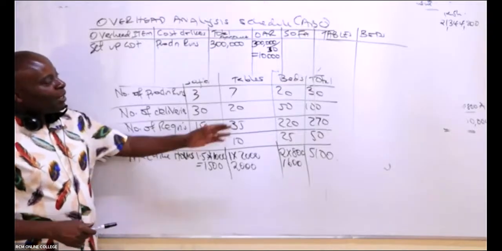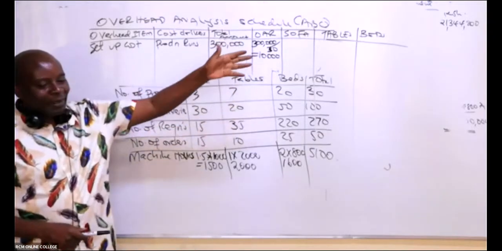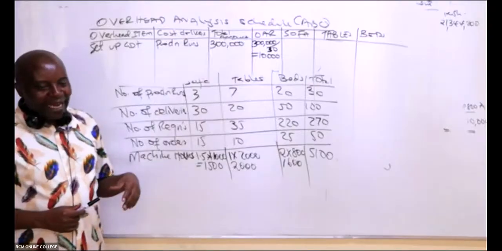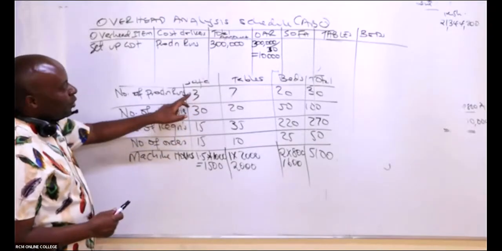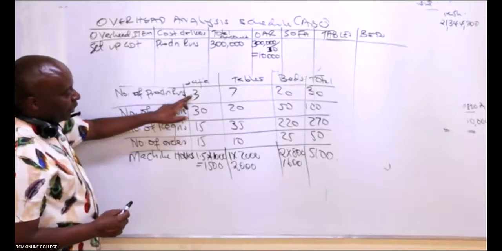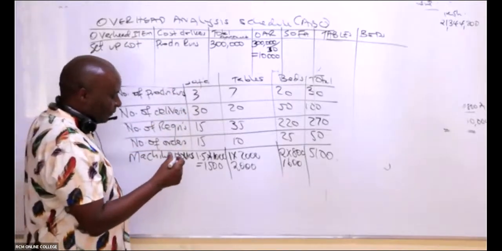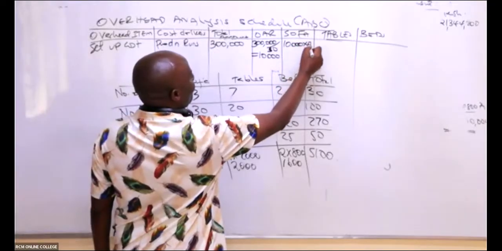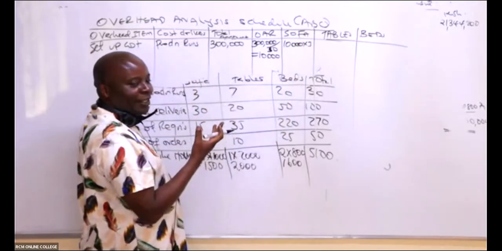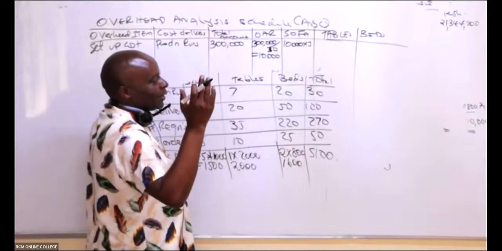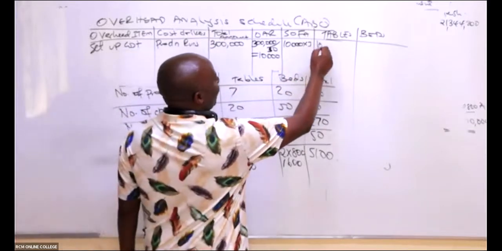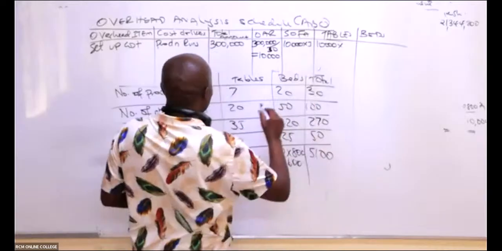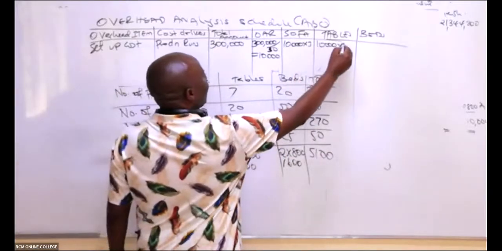So then how do I spread this amount to the sofas, tables, and beds? We have the production runs for sofa sets, isn't it? So this will be 10,000 times 3. You don't have to do these workings in your exam. If you just understand, you post the answers direct. So this will be 10,000 times number of runs, 7.